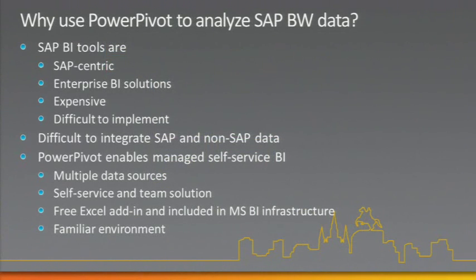So why do we use Power Pivot to analyze SAP BW data? Well, SAP BI tools, they're SAP-centric, right? So they've purchased some products, and as they're integrating them into their package and making them more and more SAP-centric and less generic tools.